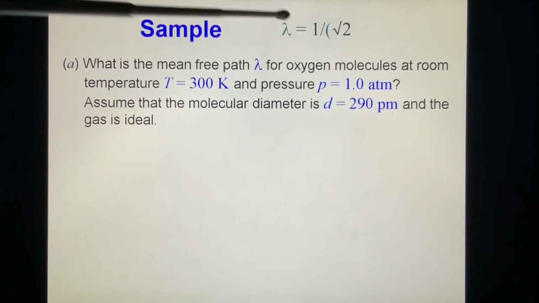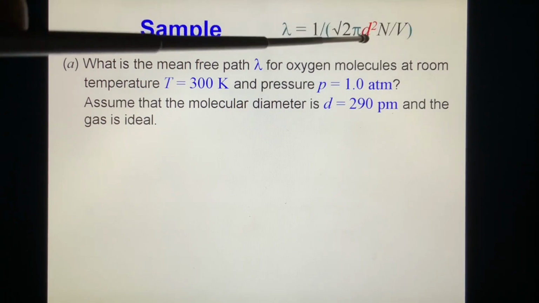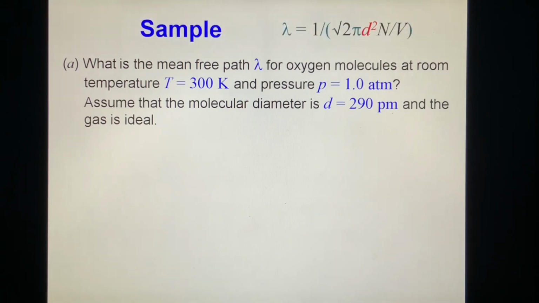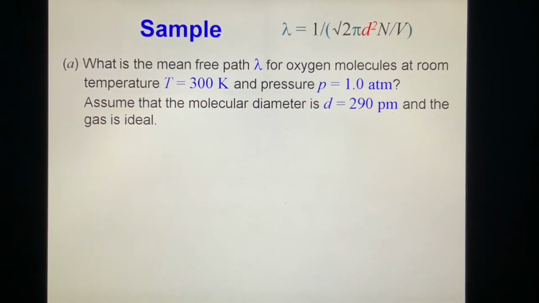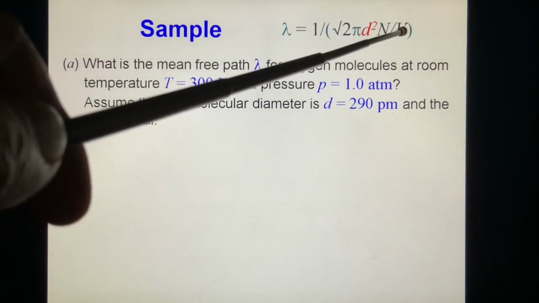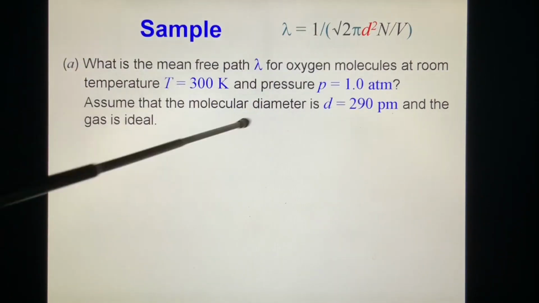We know lambda equals 1 over square root 2 pi d squared N over V. We have d, and you should express it in meters. We don't know N over V, so we have to find it from T and P.